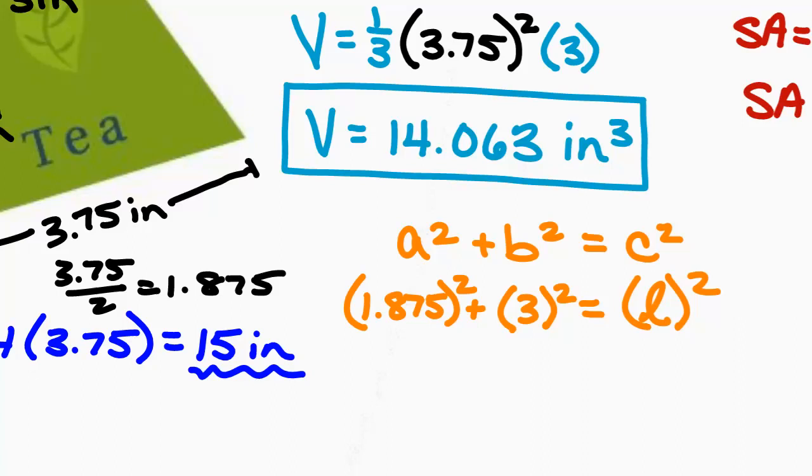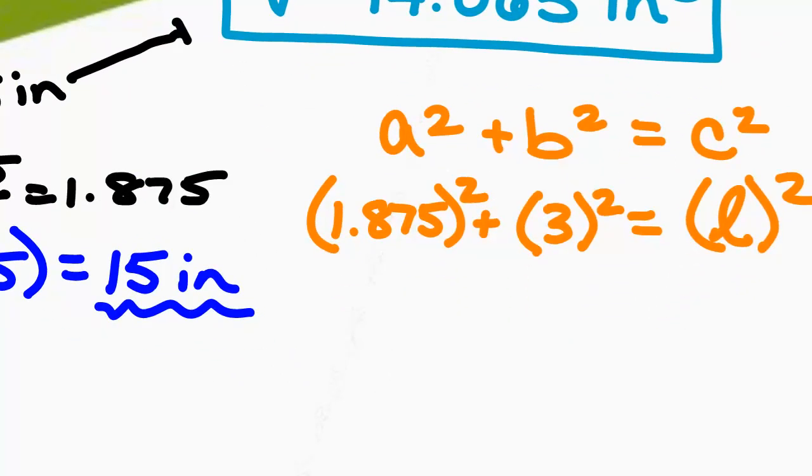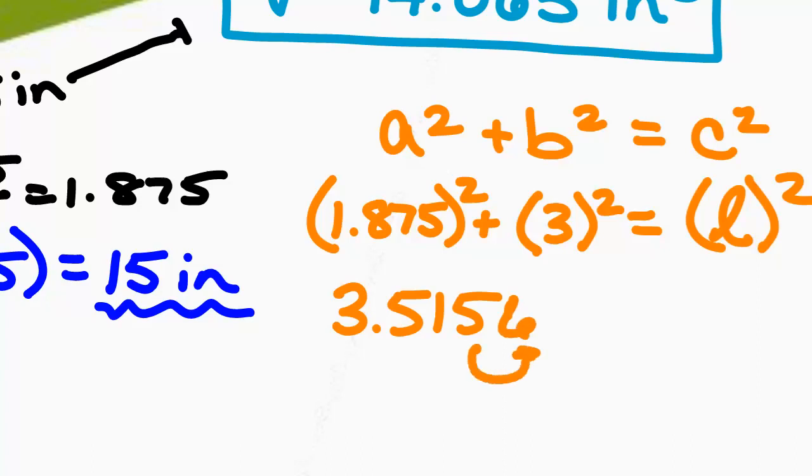I don't know off the top of my head what 1.875 squared is. Can somebody do that for me? What is 1.875 squared? 3.515. What comes after the 5? A 6. So that 6 is going to round my 5 up. So 3.516 when I round it to 3 decimal places.